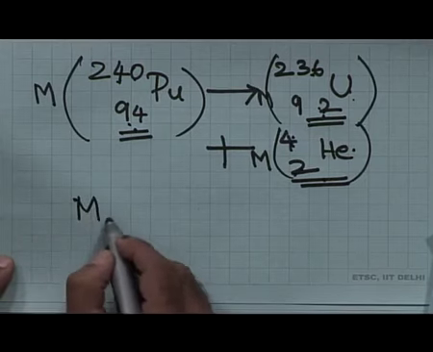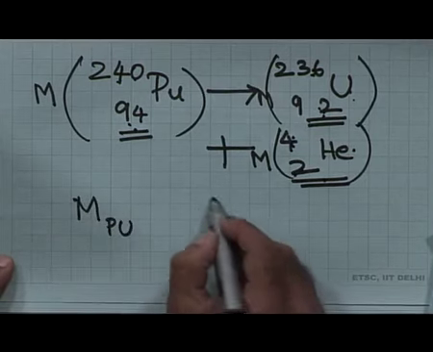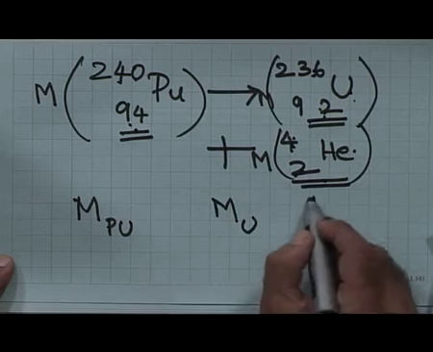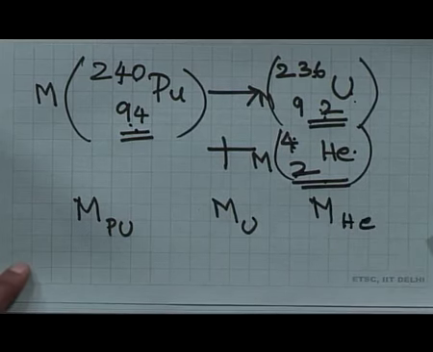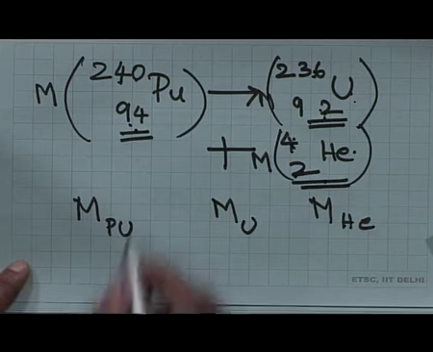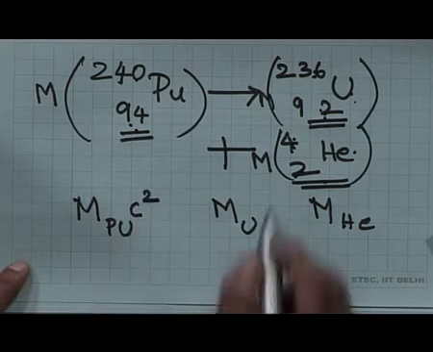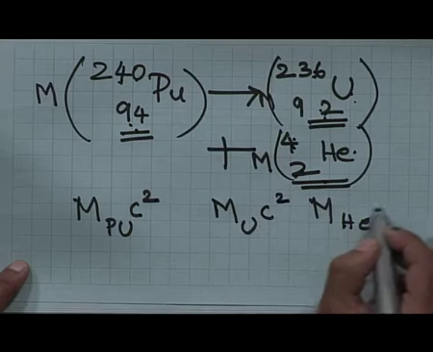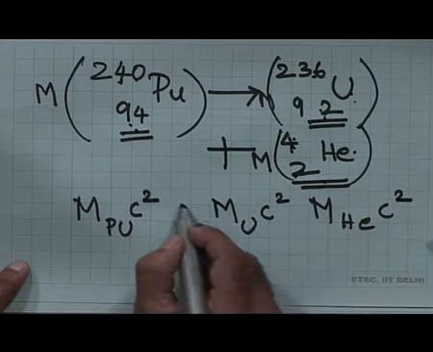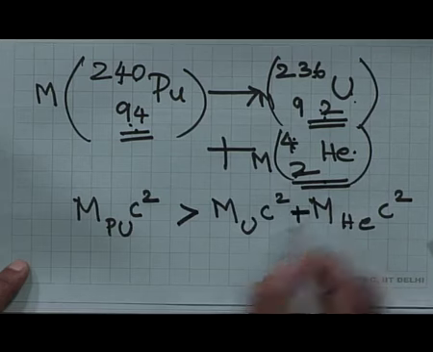So if I look at M_Pu, M_U and M_He, what am I saying? Each has a rest energy associated, given by M_Pu c squared, M_U c squared and M_He c squared, and the first is greater than the sum of the other two.